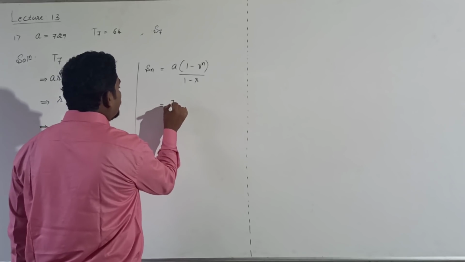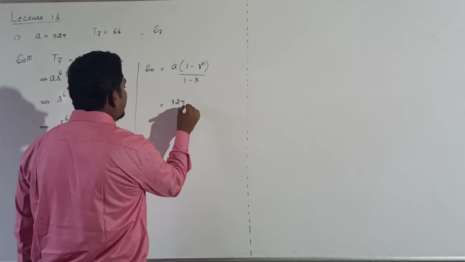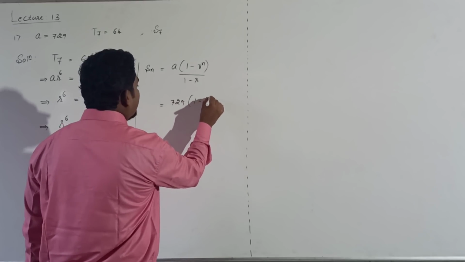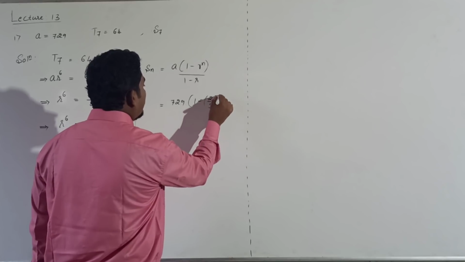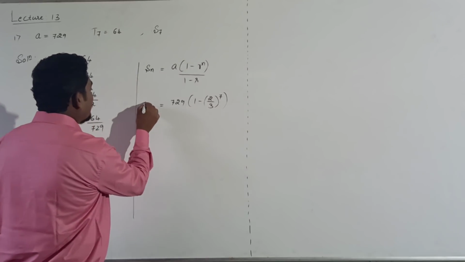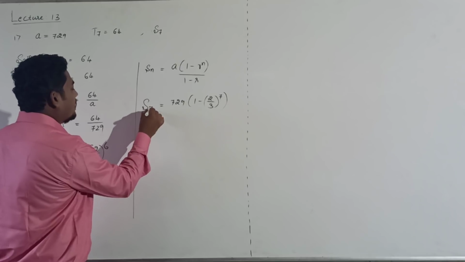What is a value? 729 into 1 minus 2 divided by 3 whole thing power 7. Why? Because we need S7.